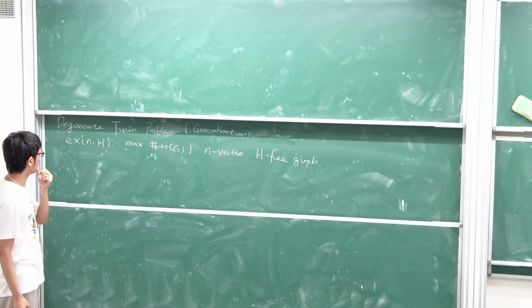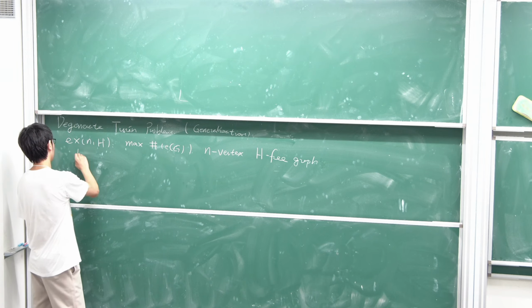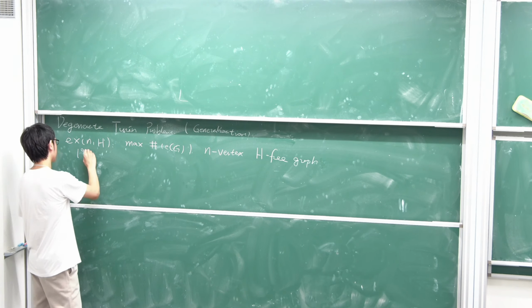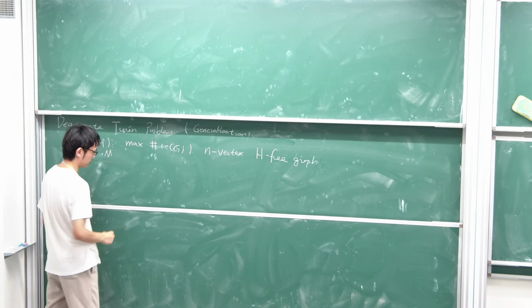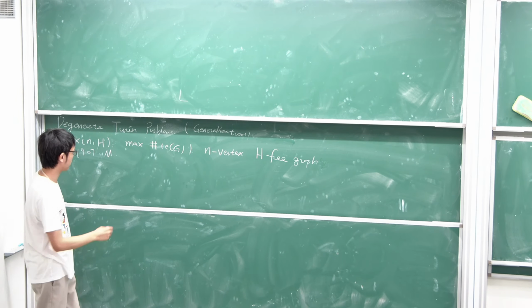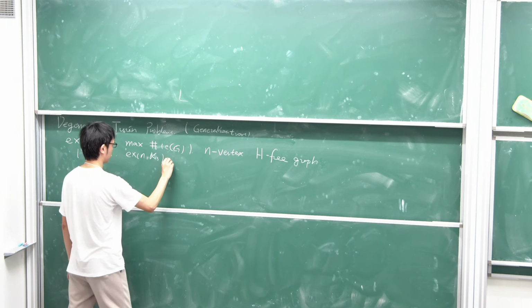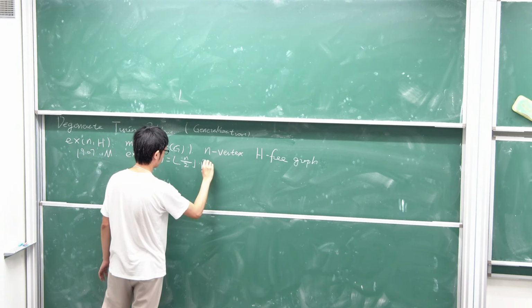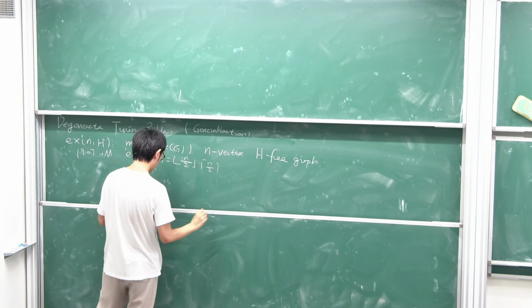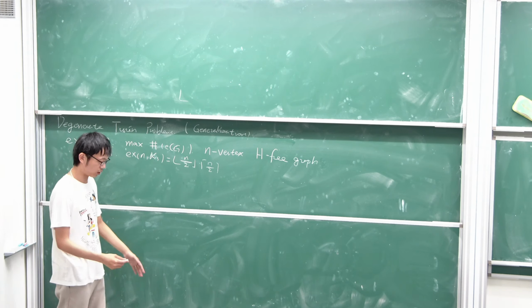The original result is from more than 100 years ago, when Mantel proved the maximum number of edges in triangle-free graphs is like this, and then this was generalized by Turán from the triangle to any small cliques.